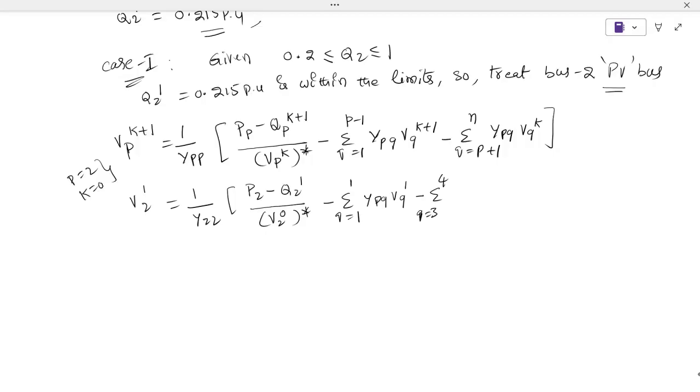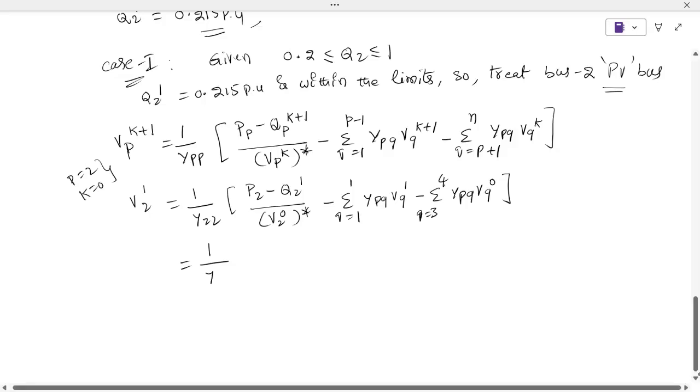Total number of buses is 4. Ypq Vq(0). Now substitute the values. Before substituting values, we will elaborate this equation clearly.